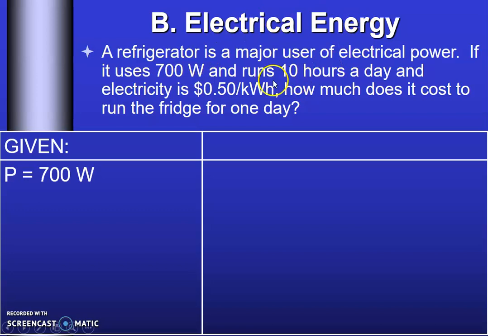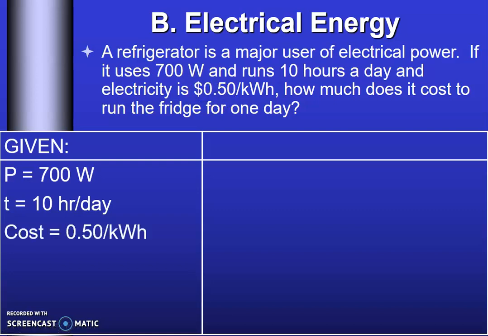I also have a time here that it runs 10 hours a day. I know my electrical cost, which is set by my electric company, and that is 50 cents per kilowatt hour. And what do I want to know? I want to know how much it costs to run the fridge for 1 day. Okay, so how much it costs me each day.